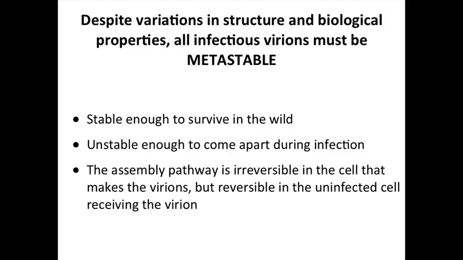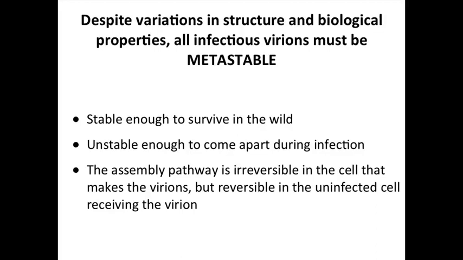Now, assembly is interesting. Assembly happens in a cell, and as you'll see in a few moments, there's a pathway of assembly for all viruses. So things happen in a certain order. And this is typically not reversible in the cell where the virions are being made. But when these new virions reach a new infecting cell, then their stability goes away.